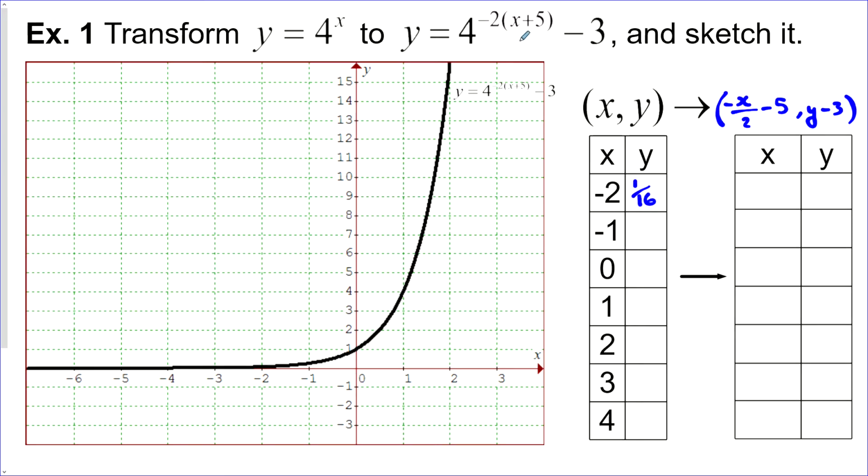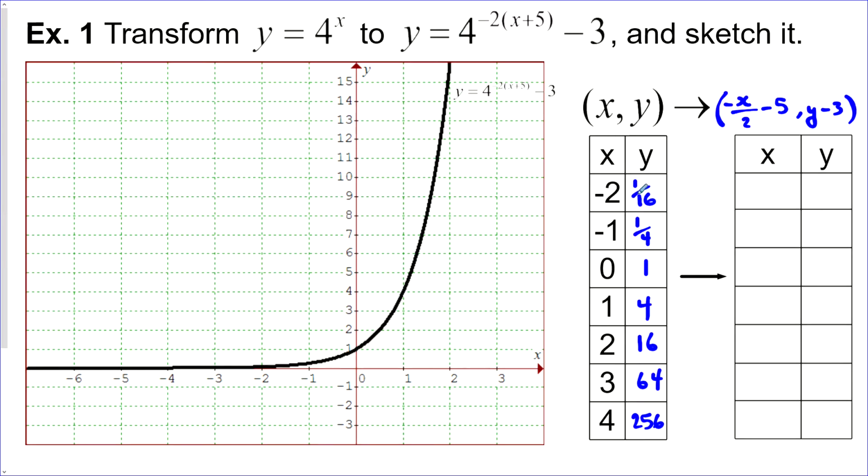Put in negative 1, and we get 1/4. Put in 0, and we get 1. Put in 1, we get 4, then 16, 64, and 256. And that's why we can't see it after x equals 2, because it's gone too far.